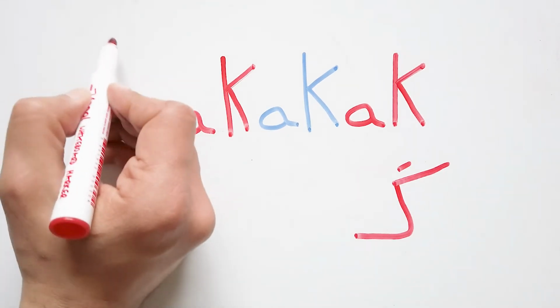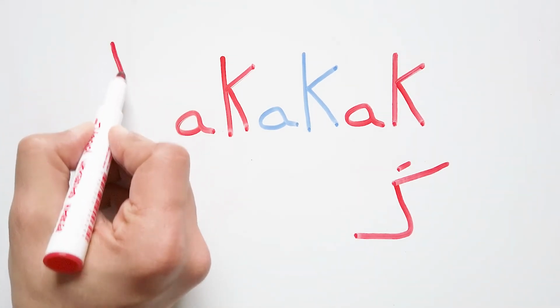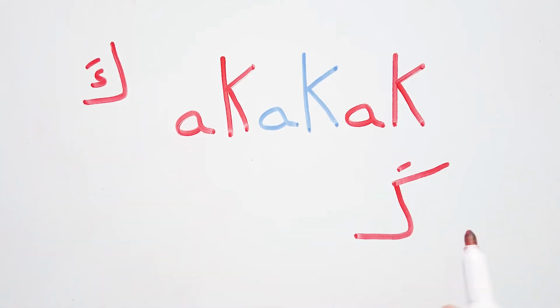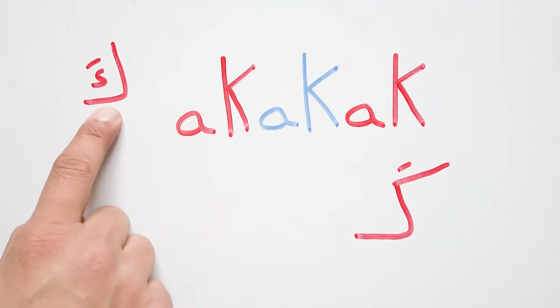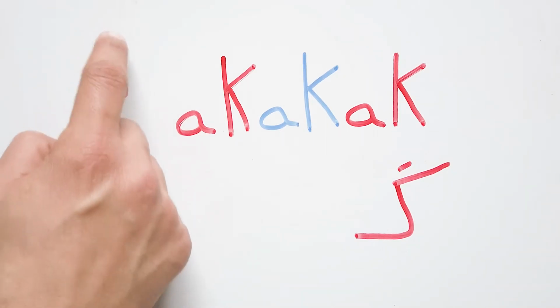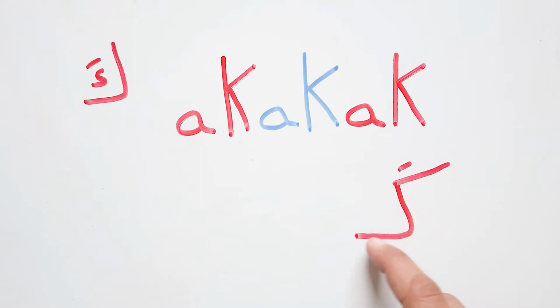K. Do you remember the shape of k is like this when it is out of the word, right? So the k in the beginning of the word is totally different from ka when it is out of the word. It doesn't have the hamza, right? We get this shape and we add it here.